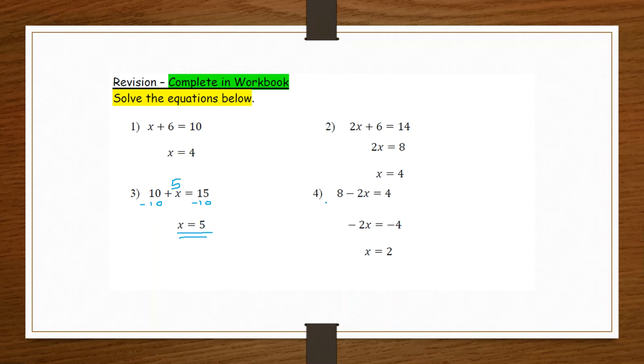Question 4, we need to take away 8 from both sides. 4 take away 8 is minus 4, leaving us with minus 2x equals minus 4. Divide both sides by minus 2. So x equals 2. Minus 4 divided by minus 2 is plus 2.